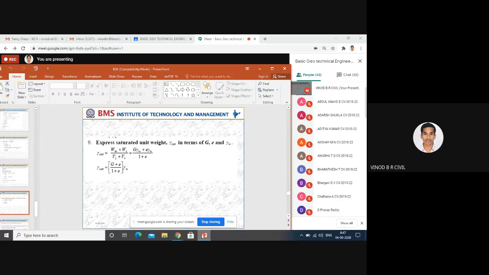As we know, specific gravity G and void ratio e, the common term is the unit weight of water, gamma w. That is again, gamma sat is equal to G plus e divided by 1 plus e, into unit weight of water, gamma w.